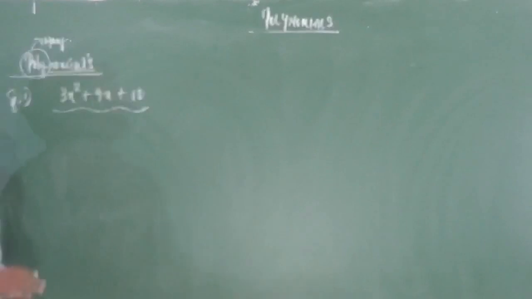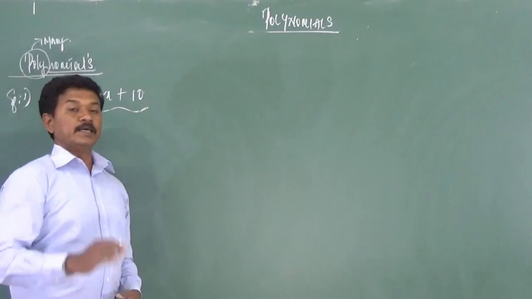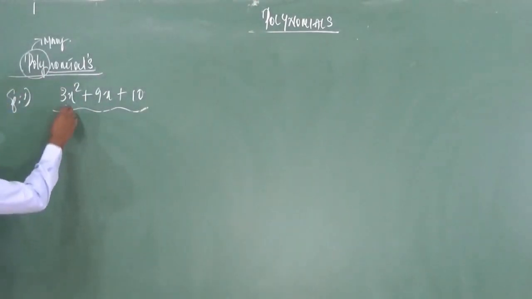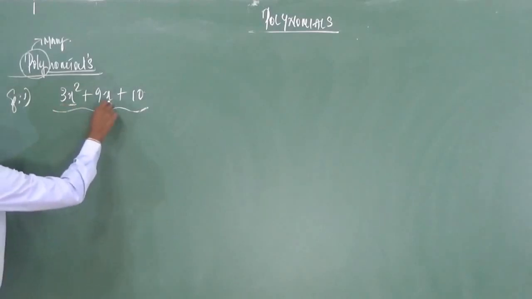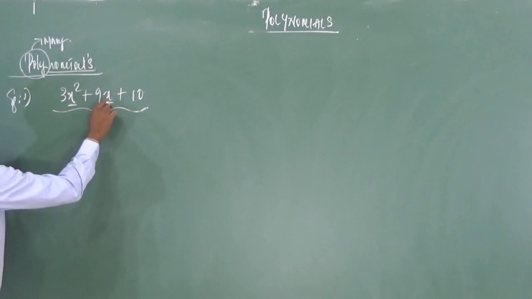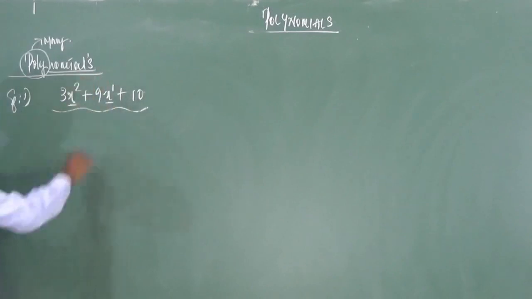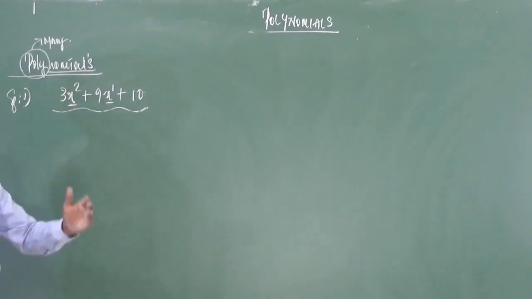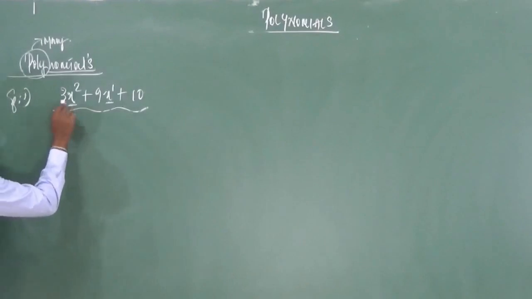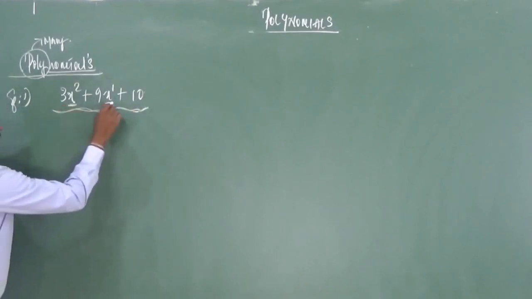But how to identify whether the given algebraic expression is a polynomial or not? That's very simple. You have to look at the variables. So here is one of the variables, that is x. Here is another variable, same type of variable. So its power is 1, its degree is 1, its exponential power is 1. Okay. So in a given algebraic expression, look at the variables.